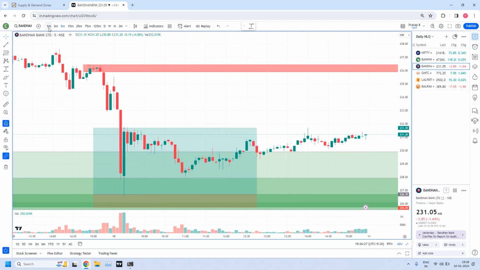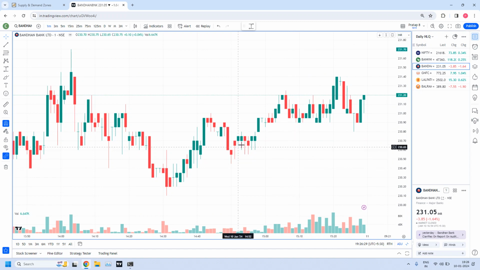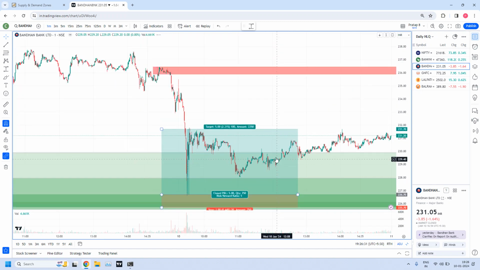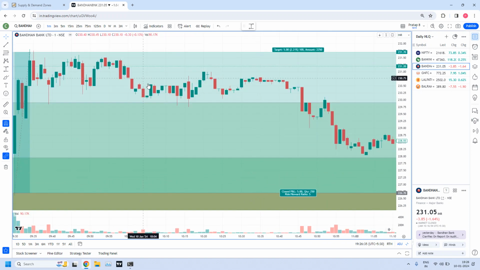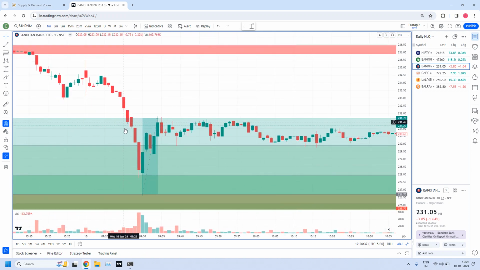If you look into 1 minute candles, how we achieved this target, see here. This is the 9:30 candle, and then the 9:34 candle. It has given 1:5 risk reward.